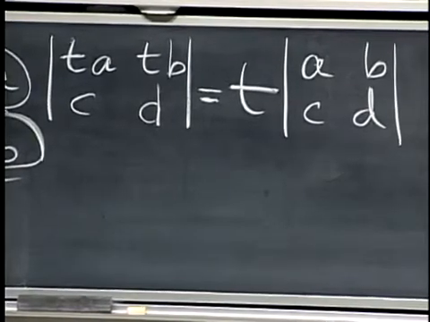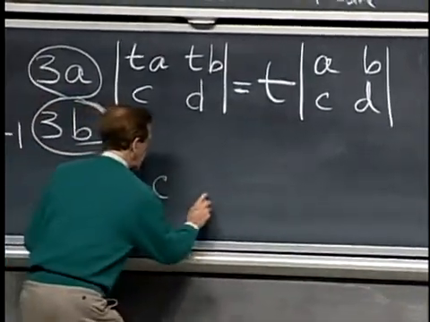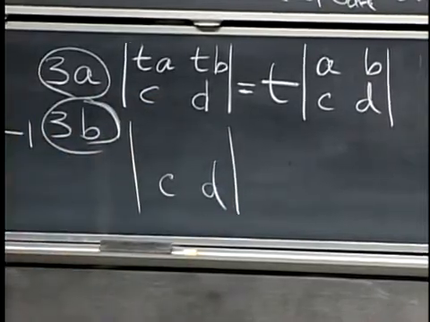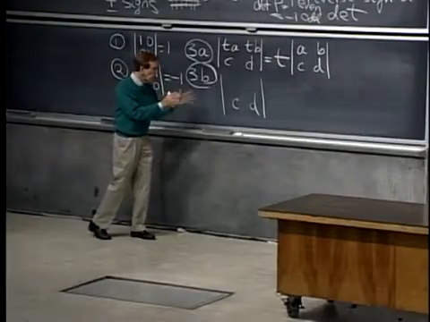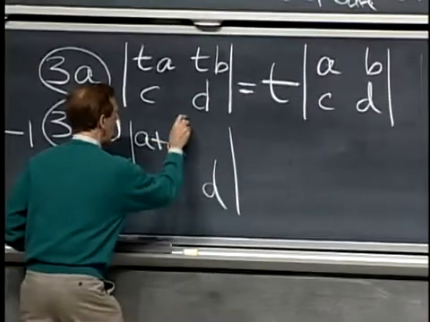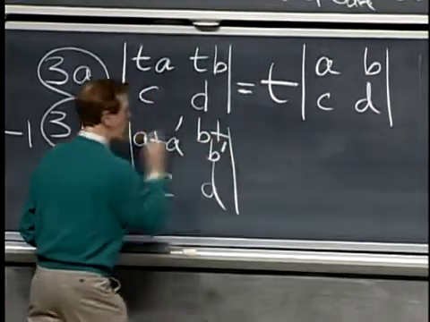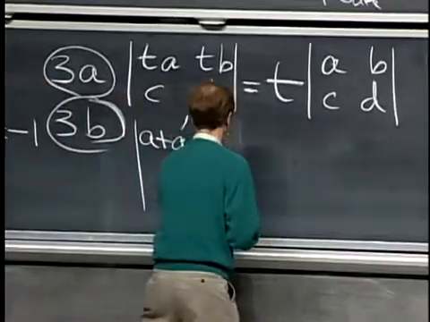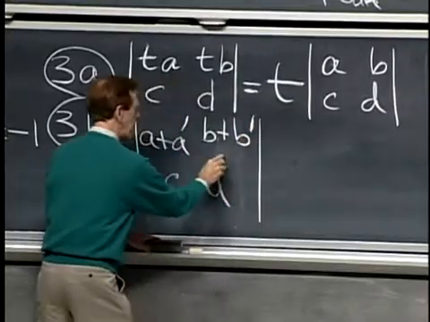And 3b is that I'm always keeping the second row the same, or the last n minus 1 rows are all staying the same. I'm just looking inside the first row, and if I have an a plus a prime there, and a b plus b prime there, do you see what I'm doing?